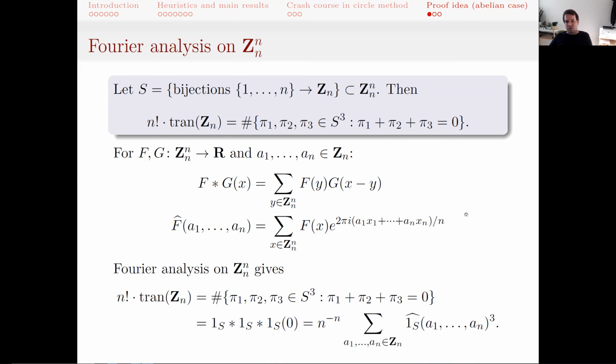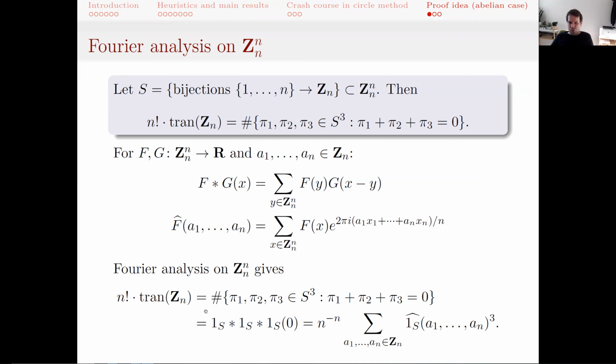And then you can use Fourier analysis on Zn to the n to show that this count is equal to n to the minus n times this sum of the cubes of Fourier coefficients of the indicator function of your set S. So here we did basically the same thing as before.